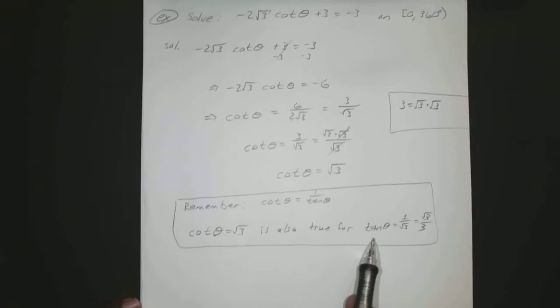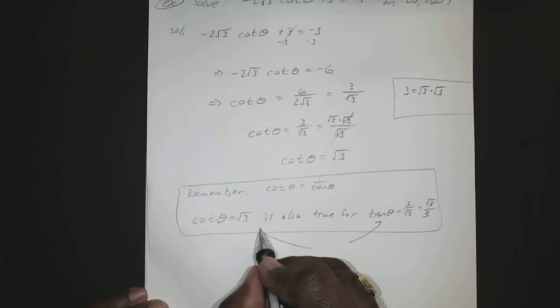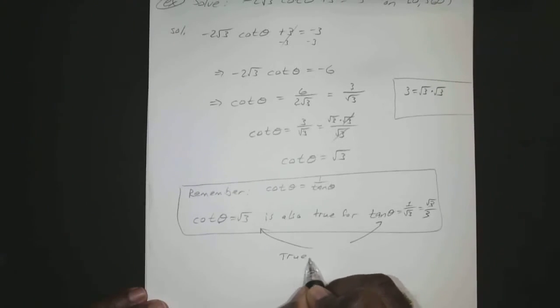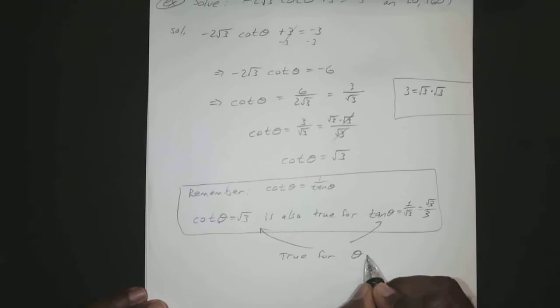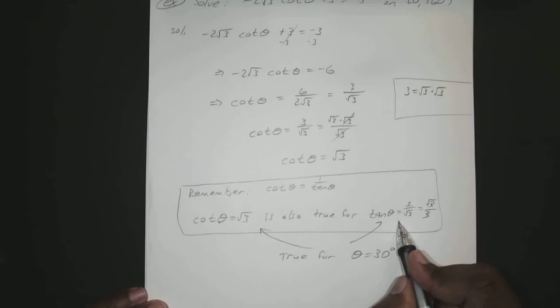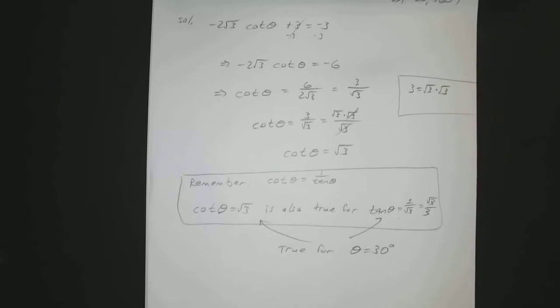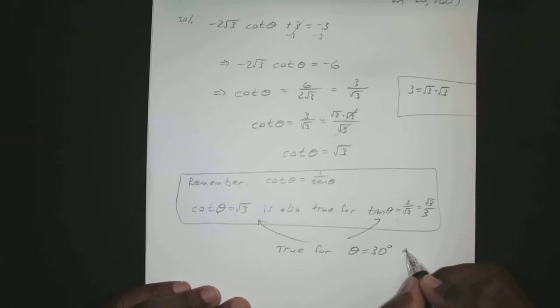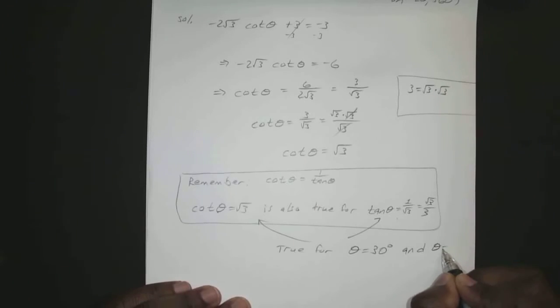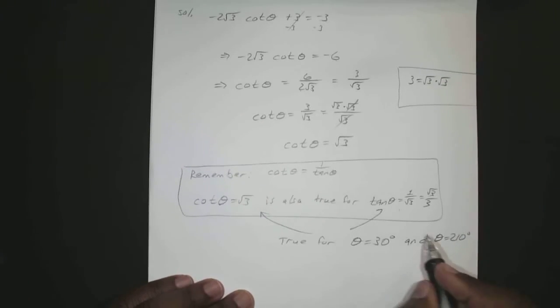Okay, so we know these are going to be true. Theta equals 30 degrees. And since this is positive, it's going to be positive in quadrant 1 and quadrant 3. So in quadrant 3, it's going to be theta equals 210 degrees.